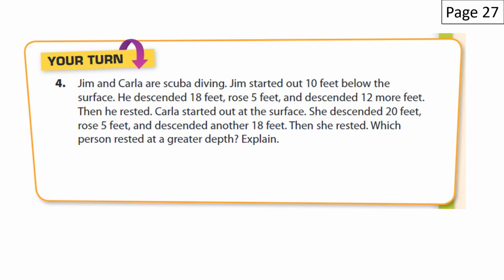Let's see. So I'll go with Jim here. He started out 10 feet below the surface, so that's negative 10. And then he descended 18 feet, so that means he went down. Maybe I'll add a negative 18 feet. And then he rose 5, so I went up 5, and then descended 12 more feet.